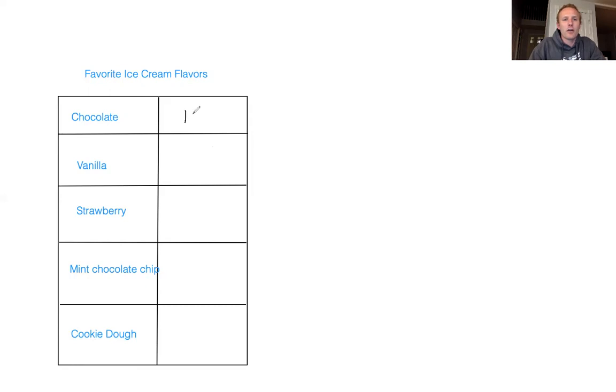Let's say that we found out that 4 people like chocolate, and we'll count our whole class plus me, so we'll have 21 people total. 5 people like vanilla, 2 like strawberry, so what do we have? 11 now.